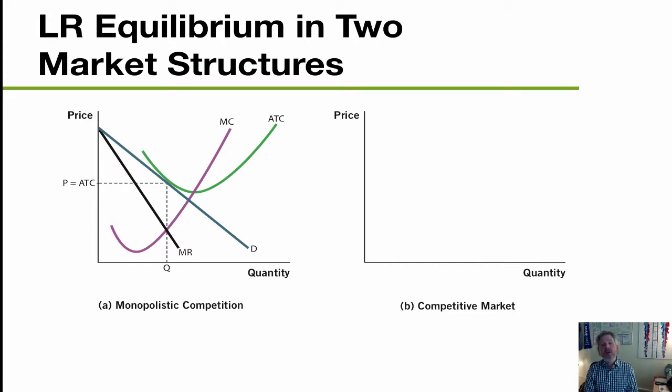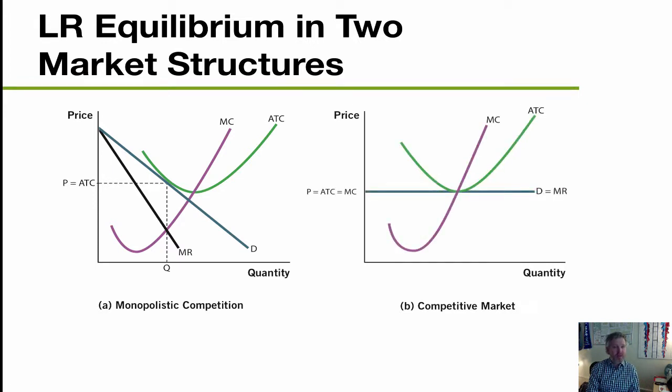Just to remind you, in monopolistic competition, here we have the individual firm's demand and their marginal revenue. On the right, the competitive market firm can sell as much as they want at the market price, because their amount of selling doesn't affect the price. So they face a flat demand curve for the individual firm. It's also the same as their marginal revenue.